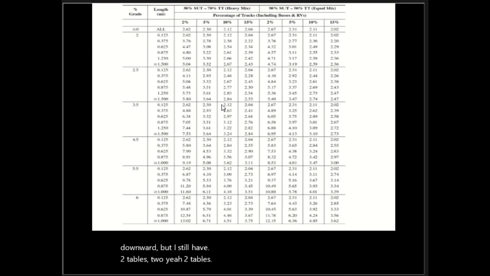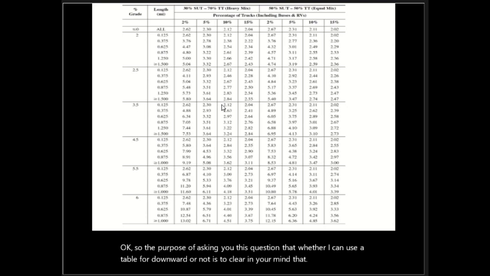The purpose of asking you whether I can use a table for downward or not is to clear in your mind that you can use the same table for upward and downward both. So those two tables are not one for upward and the other for downward. It's not like this. It is for different mix of heavy vehicles.